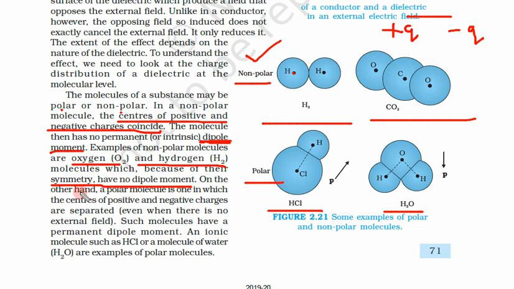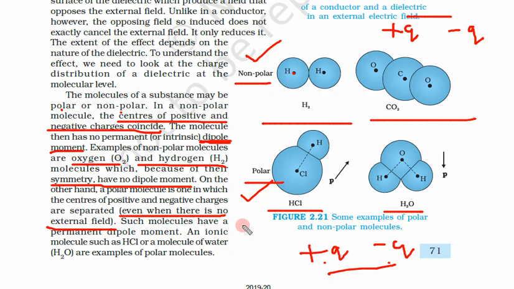On the other hand, now let us see the polar molecules. A polar molecule is one in which the centers of positive and negative charges are separated. So if positive and negative charges are separated by some distance, then there is a dipole and there will be a dipole moment. Positive and negative charges are separated even when there is no external field. So see, this is the condition when there is no outside electric field.